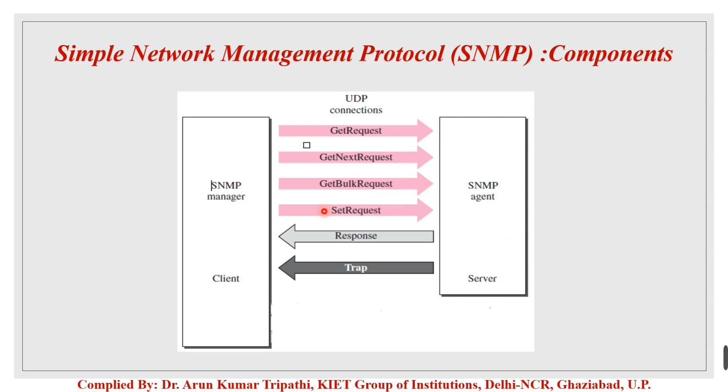So a bulk of requests may also be sent, or it can send the set request, meaning you cannot use the bandwidth more than this, or a particular area has the network facility only at a particular time. For example, in hostels, there will be no internet connection during the class hours.